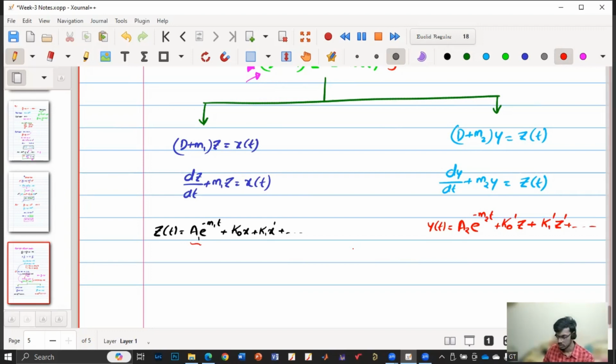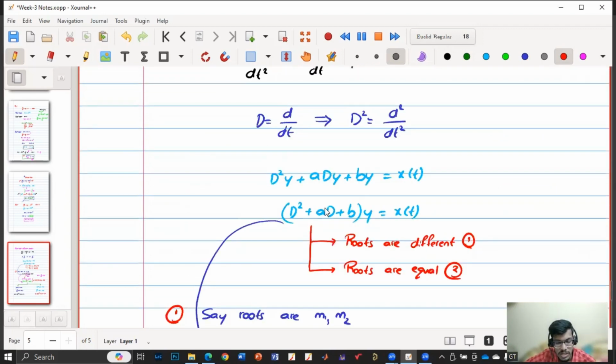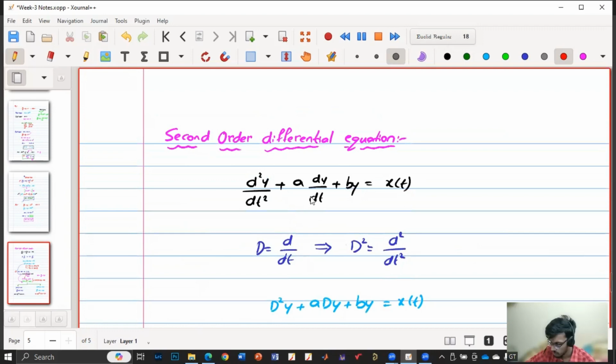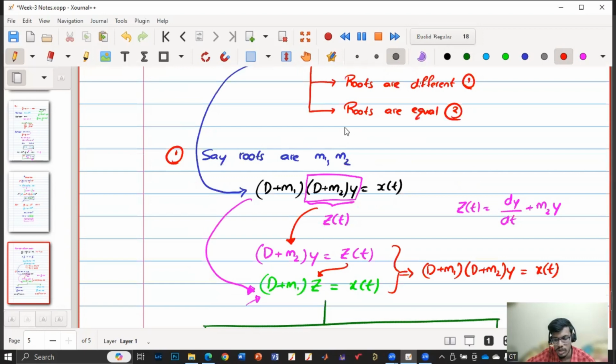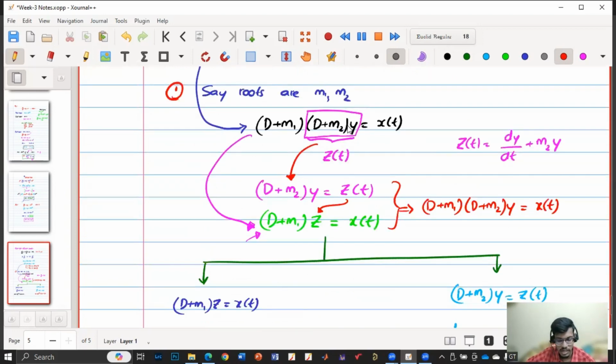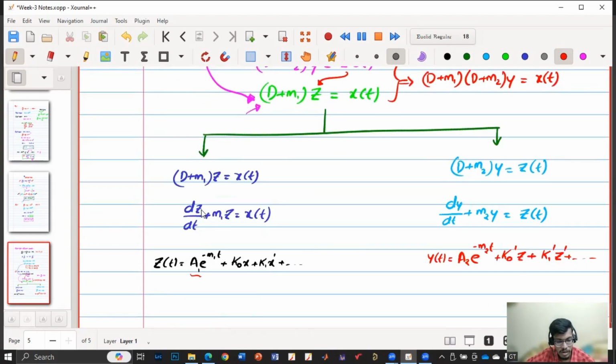So what is our actual question? Our actual question is to solve for y of t. We have divided it into two first order linear differential equations, and then I got two expressions.